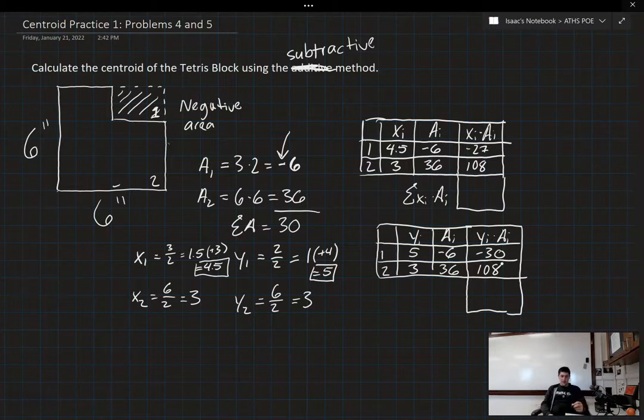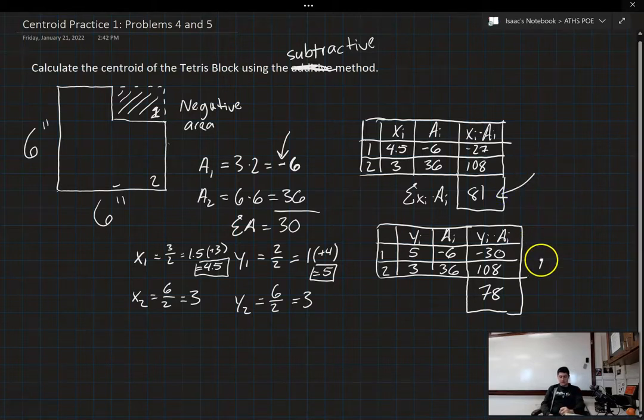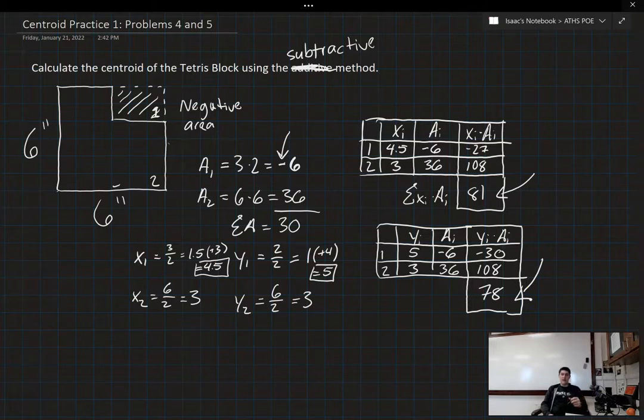So -27 plus 108 is 81. And -30 plus 108 is 78. Now, if you just watched the other video, or if you already have done problem number 4, then you may notice at this point that these numbers are exactly the same as the numbers for the previous problem for sigma xi ai and sigma yi ai. So spoiler alert, we're going to get the same answer.